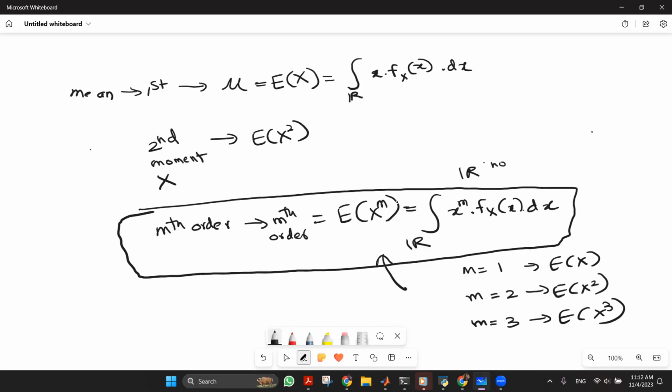This is not variance, and this we can define as x squared into f_X(x) dx. So this is the second moment of the random variable x. The mth order moment of the random variable x is E[X^m], and it is x^m into f_X(x) dx.